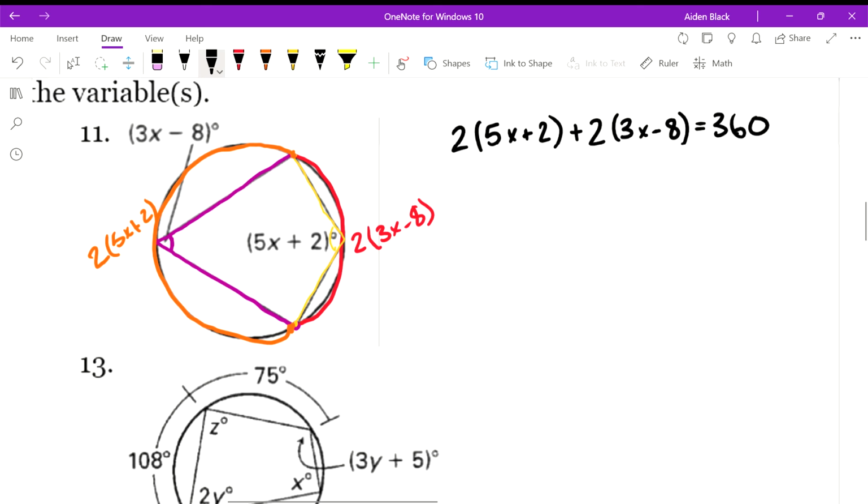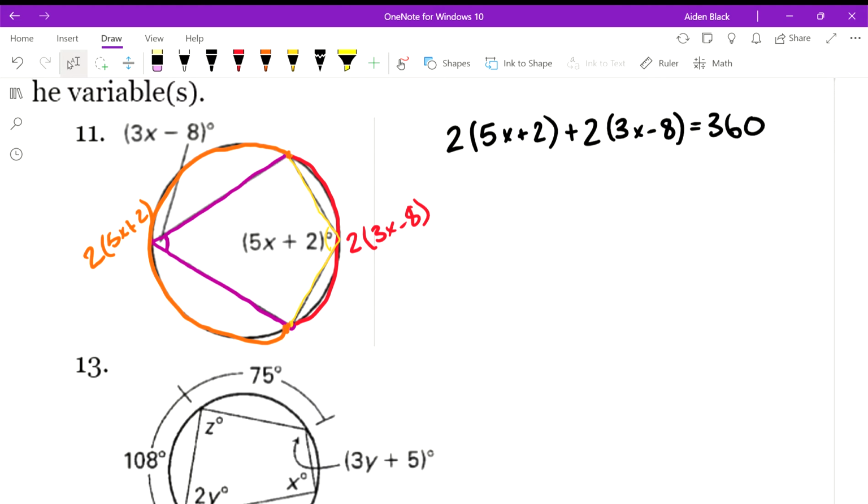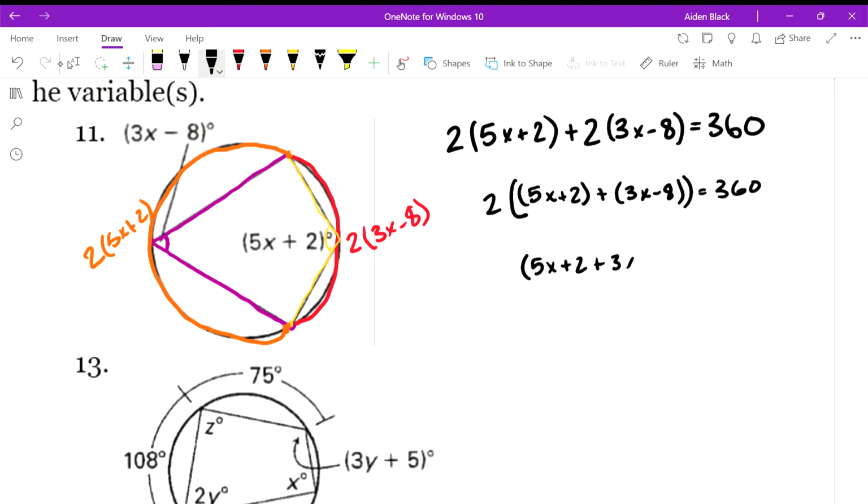Now what we can do here is pull out that 2 and say 2 times both of these binomials equals 360. Right? And in this case we can divide both sides by 2. When we do that, we get 5x plus 2 plus 3x minus 8, and this doesn't even need to be in parentheses, is equal to 180, because 180 is half of 360.